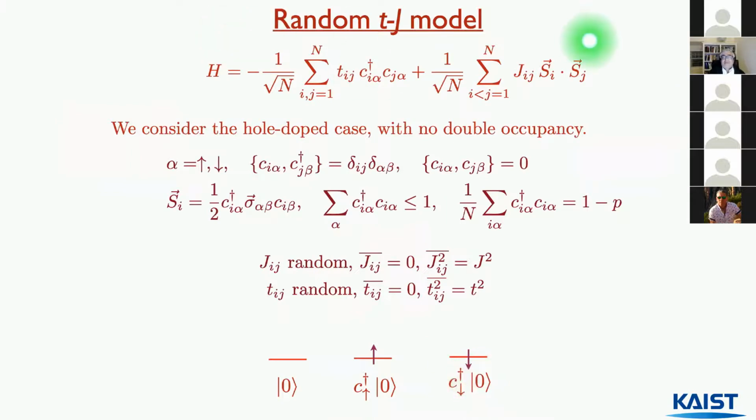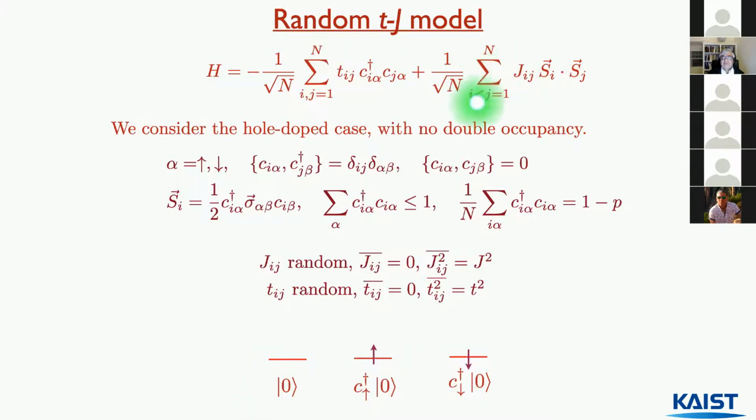Okay, so this is the model that we are going to study now just by exact diagonalization. It's a t-J model, which is the model we want to study. And I mentioned this in my first talk. We're going to make a rather drastic simplification, which is to take t_ij and J_ij to be random numbers. There are 3 states at each site: empty, up, and down.